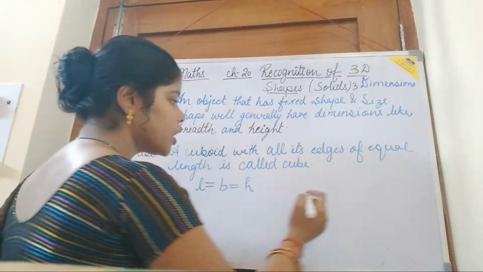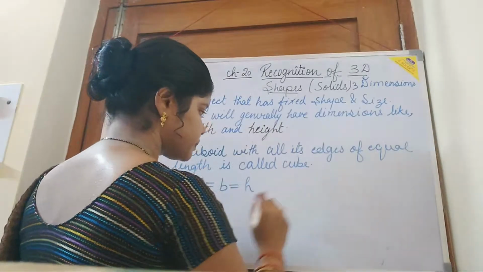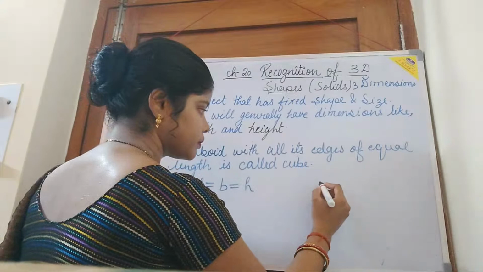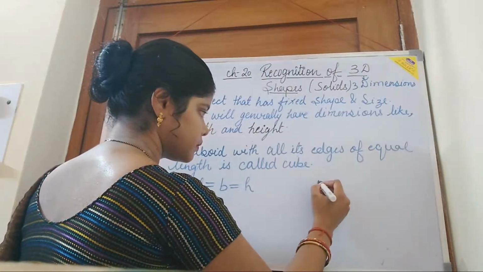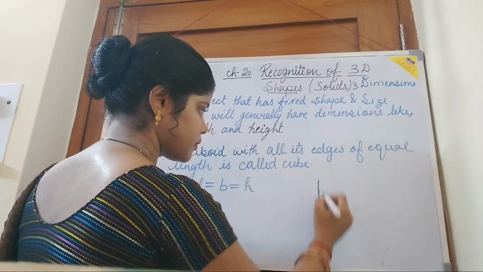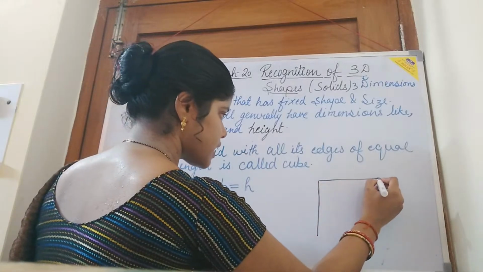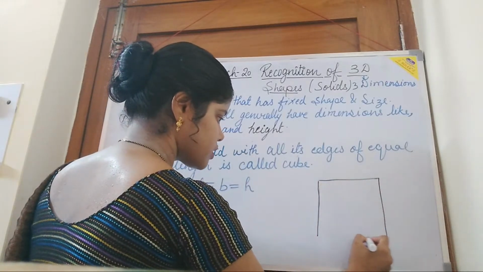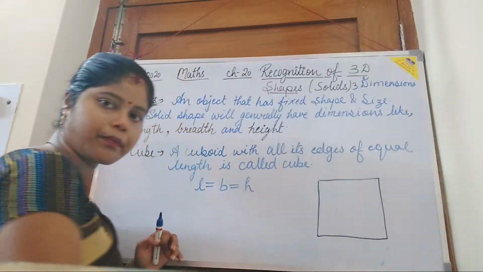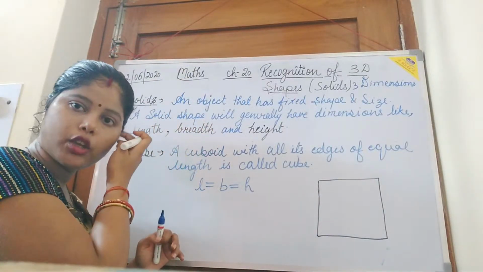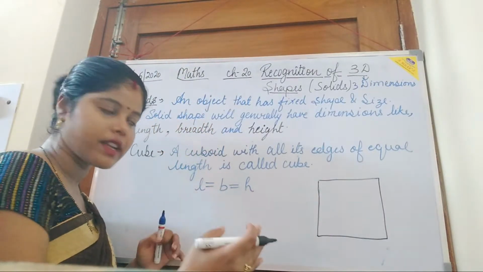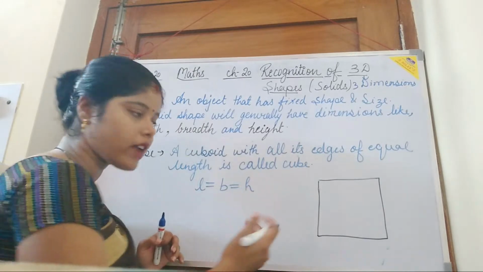Then it forms a cube. If all its lengths are equal, it forms square faces. In a cuboid we have flat rectangular faces; here we have flat square faces.